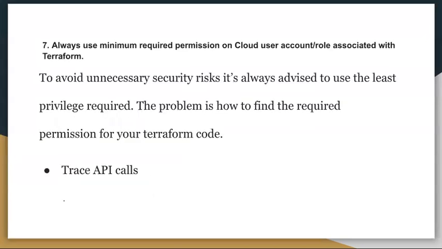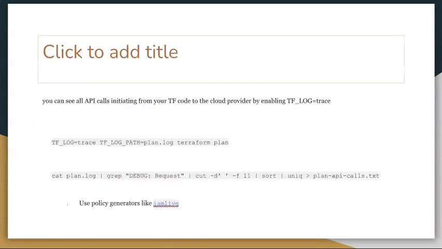And then you should always try to give only the required permission whenever you are working in any cloud, and try to avoid unnecessary permission. This can be done by using trace API calls, which is going to provide you the details of what Terraform is going to make, and the permission it requires.